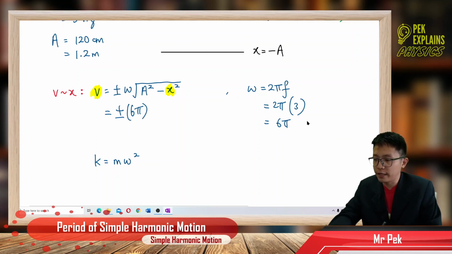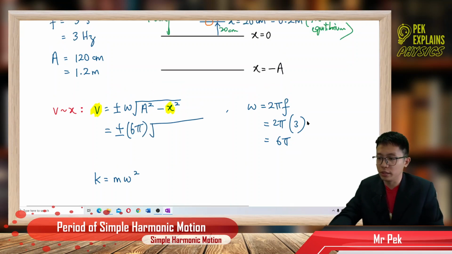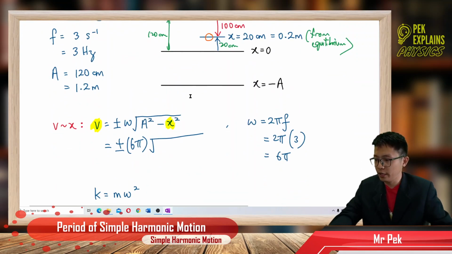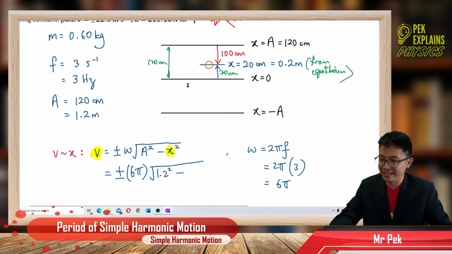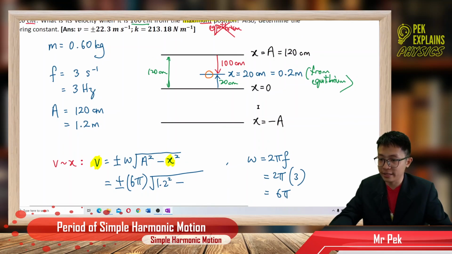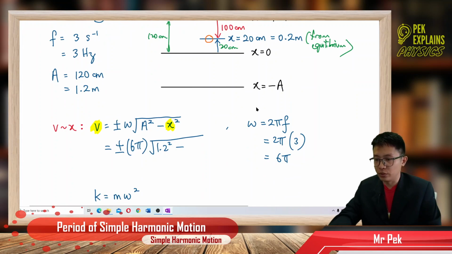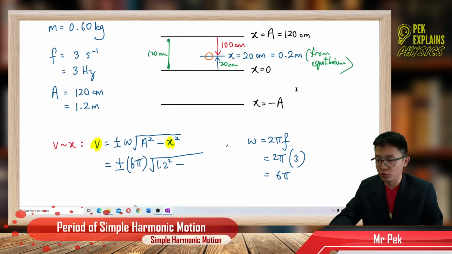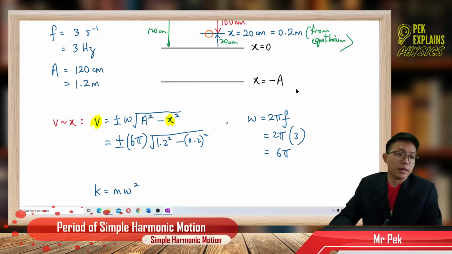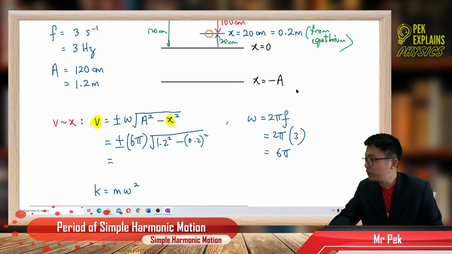So let's put 6 pi there, and then the amplitude. Make sure cm is converted to meter, so that's 1.2 square minus x square. Be careful. Our x is 0.2 meter, not the 100 cm, which is 1 meter. So what's our velocity?